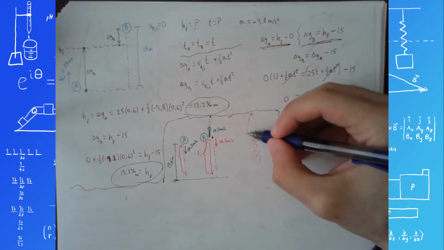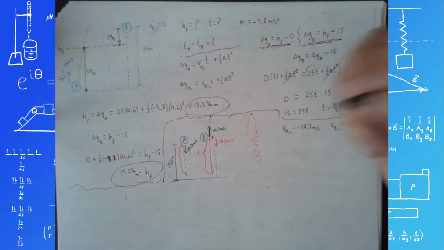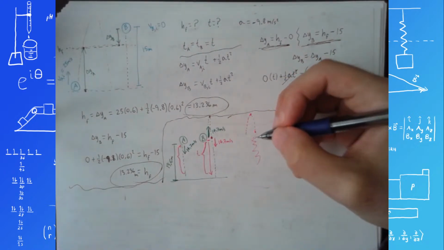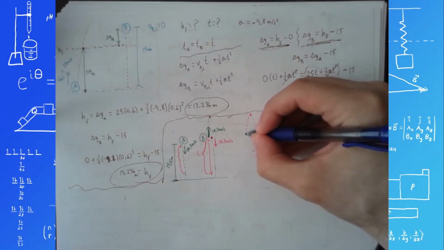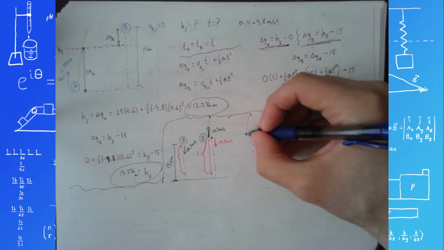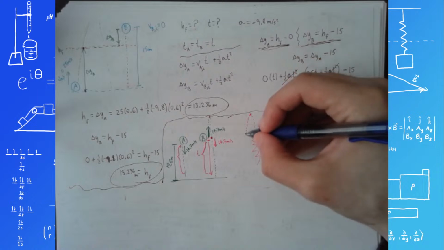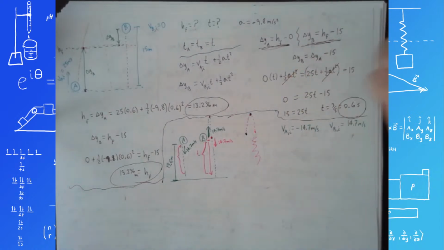So yeah, we can calculate the amount of time it takes to do this part of the trip. And because of symmetry, I only have to calculate 1/2 of it and then just multiply by 2. I'm going to calculate the amount of time it takes to go from a velocity of 14.7 meters per second upward to 0 at the top.